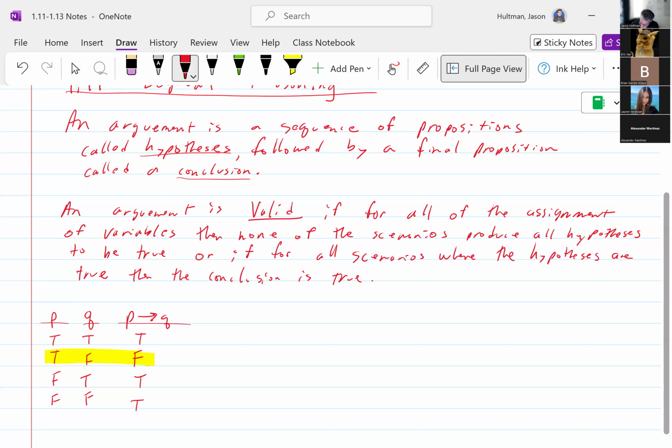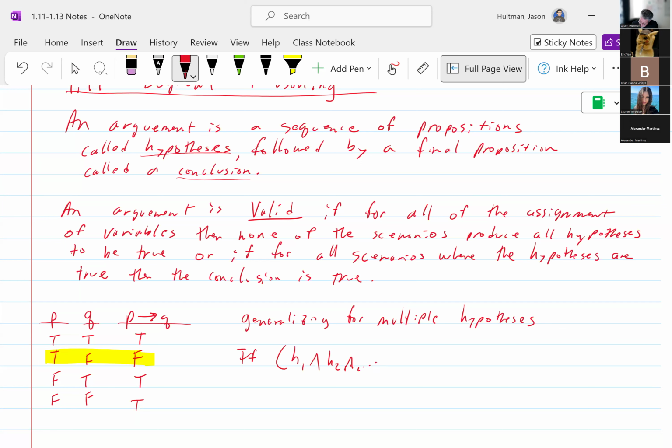Okay, but we're generalizing for multiple hypotheses. Okay, we're saying that if we have hypothesis 1, hypothesis 2, all the way to hypothesis n, implies the conclusion.